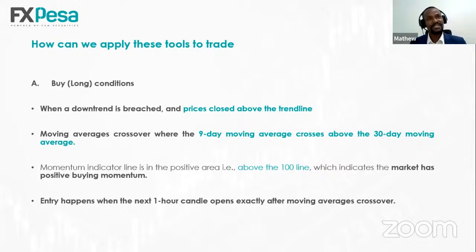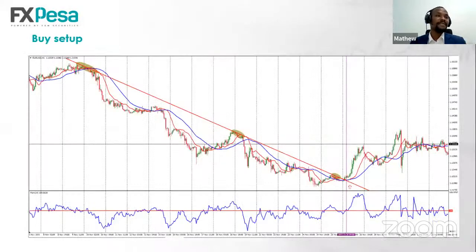So break of the trend to the upside, crossover to the upside. And then the same case, momentum crossing 100 to the upside. So everything up, up, up, like you'll see in the charts. This is where we're having a confluence. Crossover, up. Break of the trend, up. Momentum above 100, up. So bullish. Up.